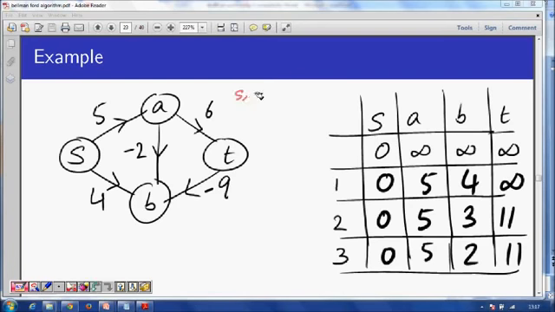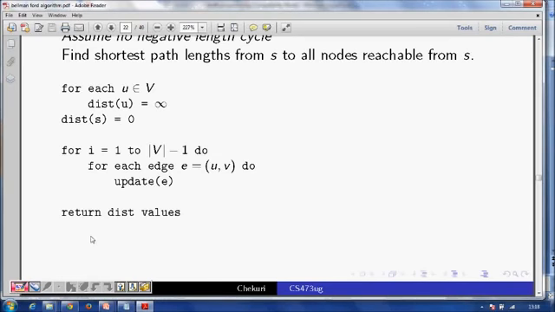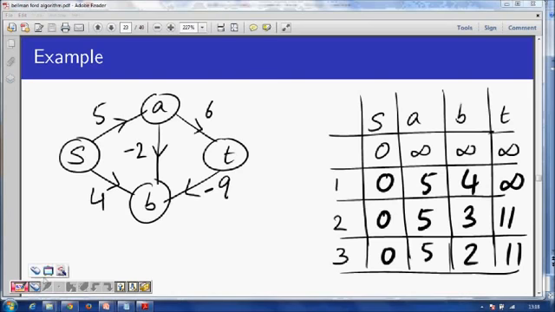Let's say I take the edges in this order: S A, then A T, then T B, and then A B and S B. There are 5 edges, and I will take them in this order. So the algorithm: we iterate mod V minus 1 times, and for each edge uv we update. That's a simple algorithm.